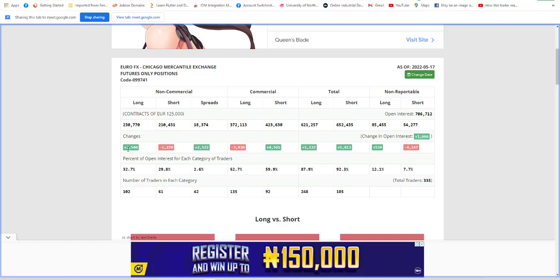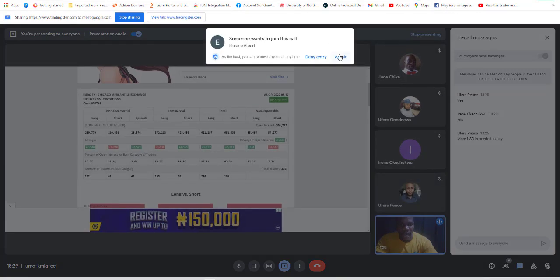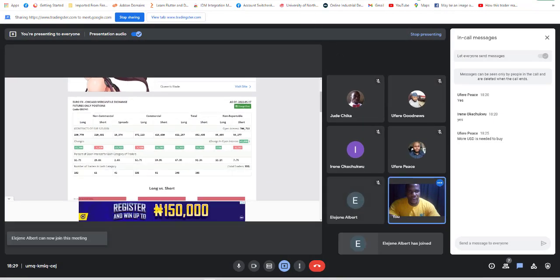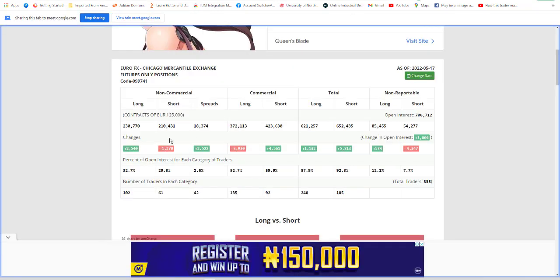However, for the short positions, this value of 210,431 was actually a reduced value from what it had last week. Why is that so? Because we saw here that compared to what we had last week, 1,270 positions were closed on the short. I hope this is making sense, guys.